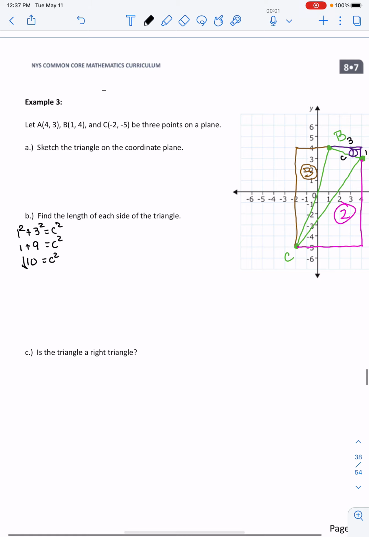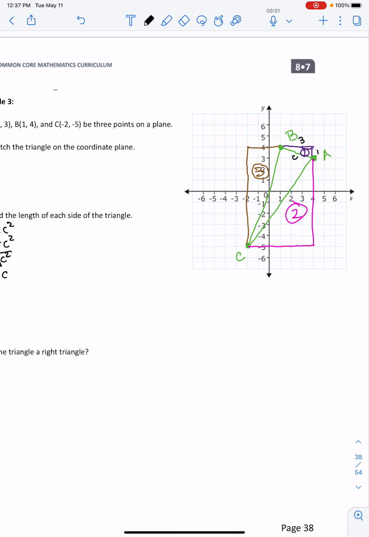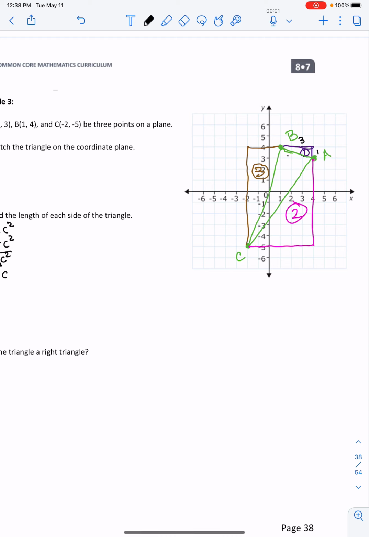So we have the square root of 10 equals c. So the first side here is the square root of 10. So I'm going to erase c here and put that back here. So that is going to be the square root of 10 right here.